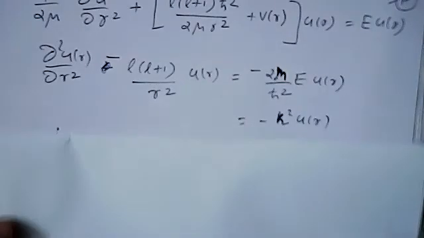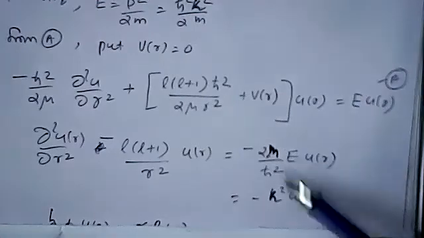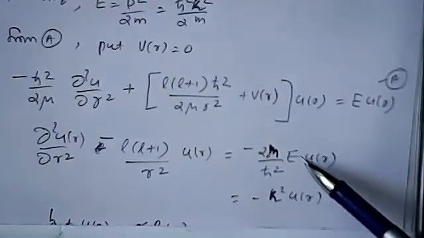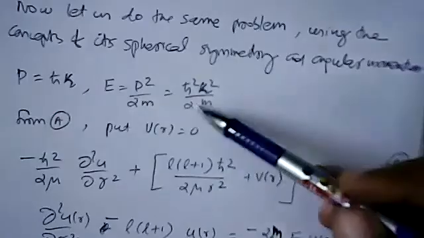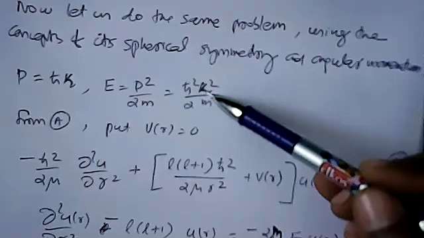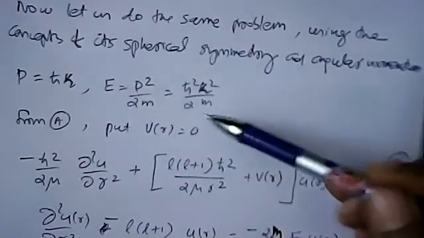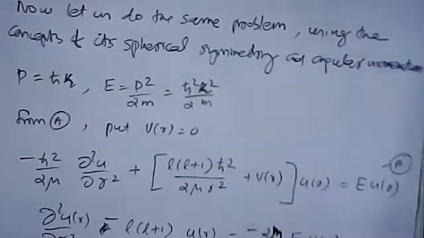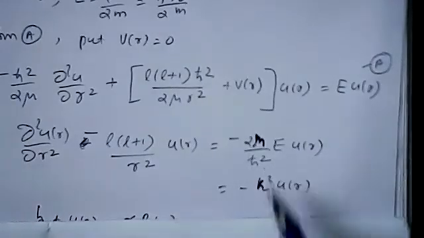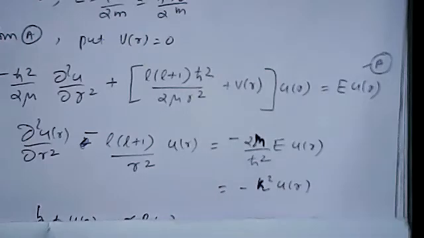Okay, the equation becomes like this. Now you can substitute for 2m E by h cross square. From this equation, let k square remain here, all others go to the other side. So k square equal to 2m E by h cross square. So 2m E by h cross square is k square. So substitute that, that is minus k square u of r.